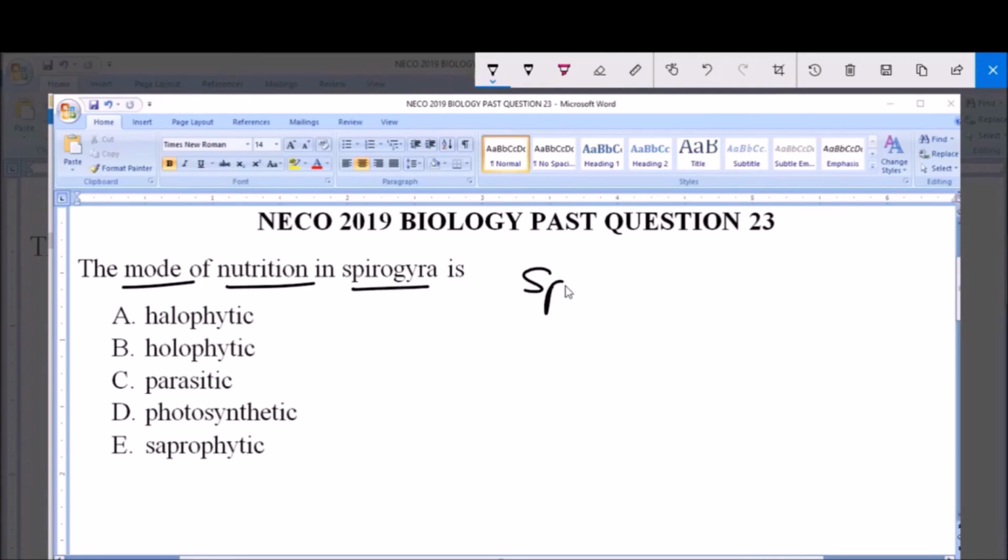Like we know, Spirogyra is an algae, and it has chlorophyll.